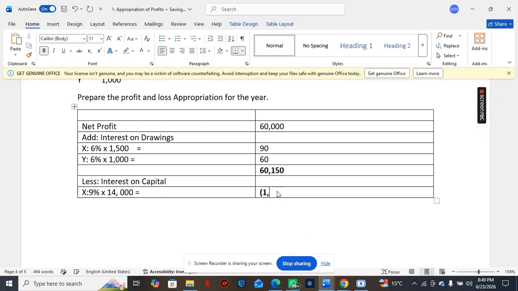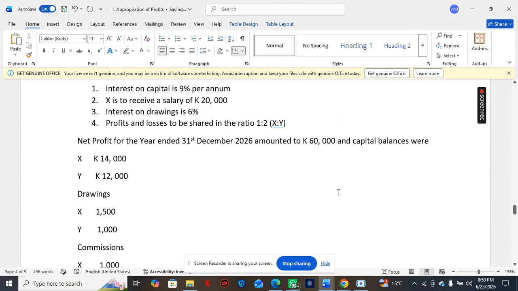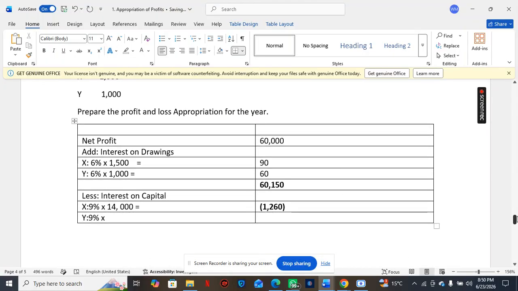Remember, when I put brackets like this, it means we're subtracting, because this is what is owed to the partners by the business. Partner Y, 9% of capital, 12,000 here, is 1,080.